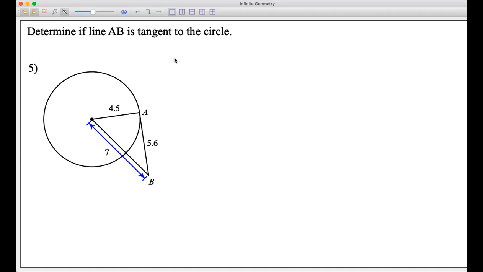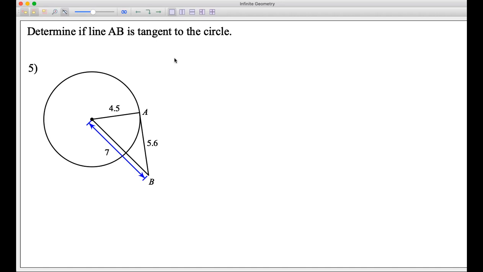It's perpendicular. Therefore, that angle right there, angle A, would be 90 degrees if it's a tangent, right?